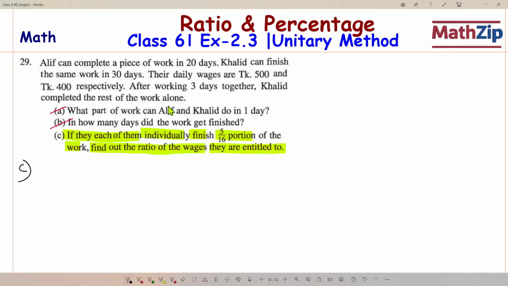We already know that Alif can complete a piece of work in 20 days, right?